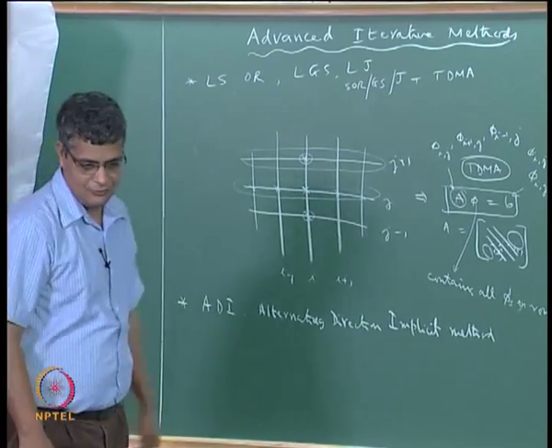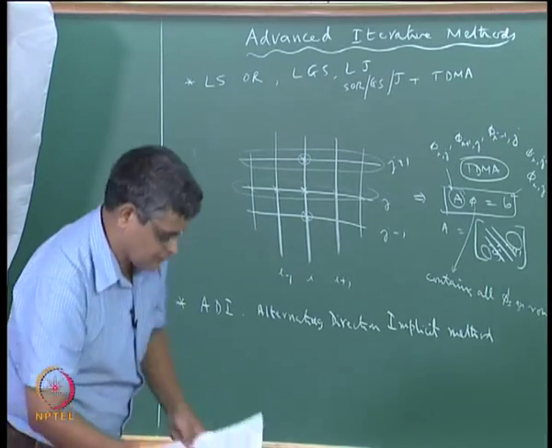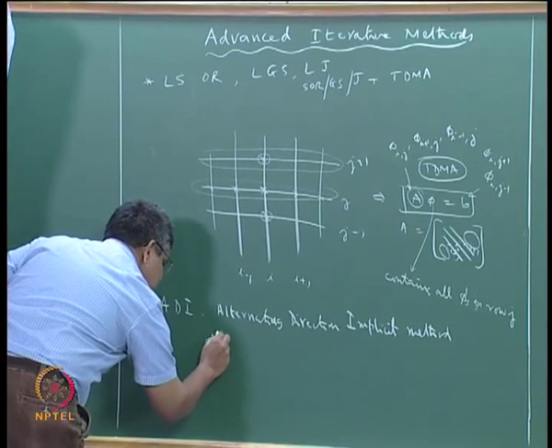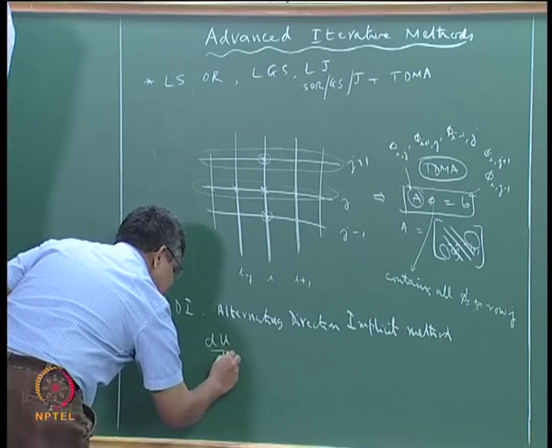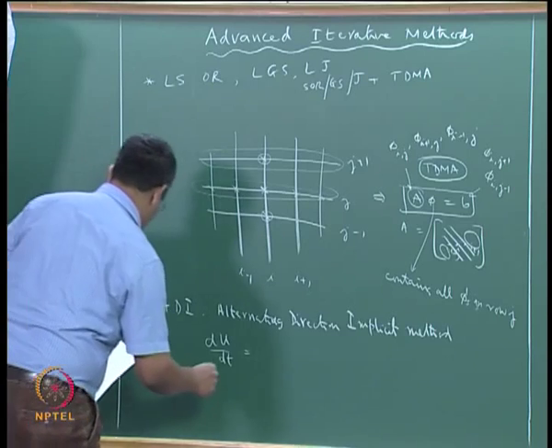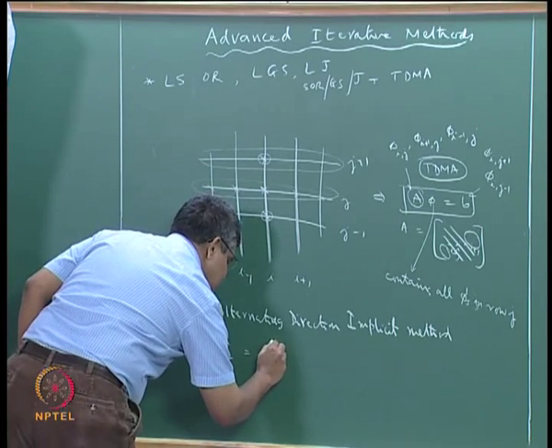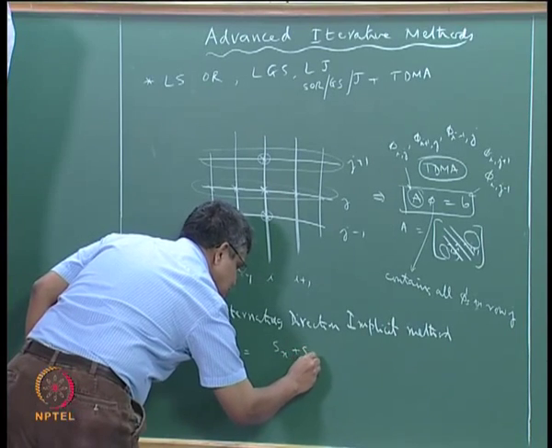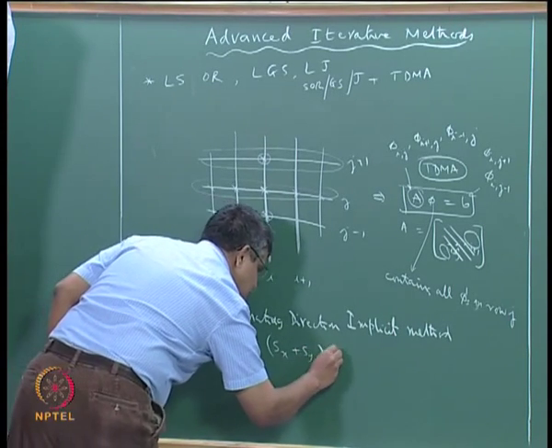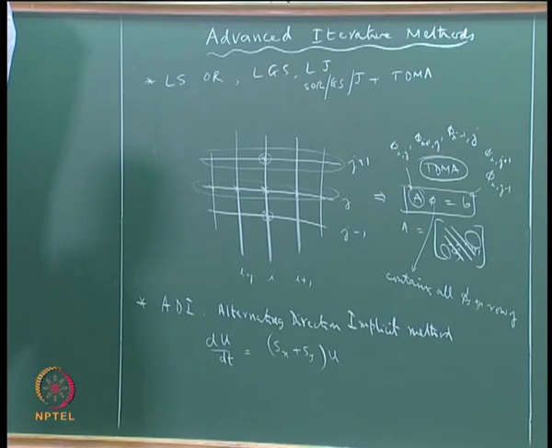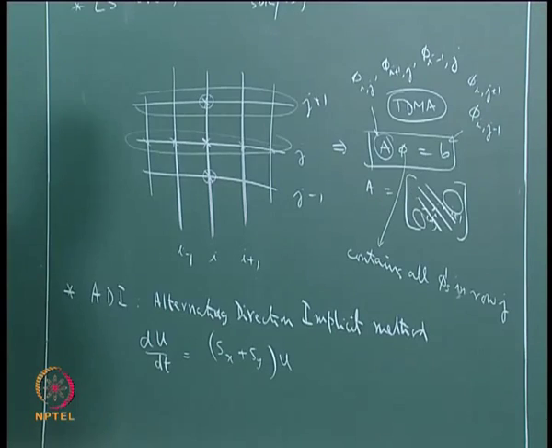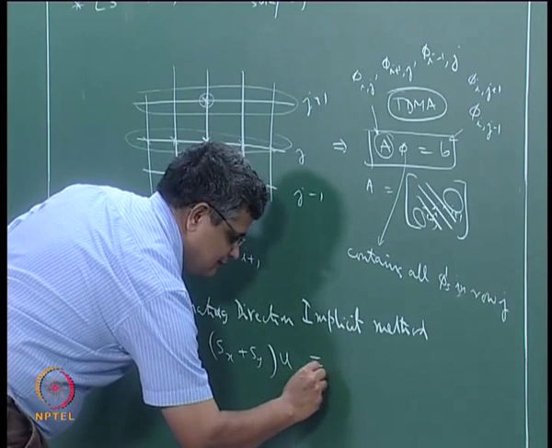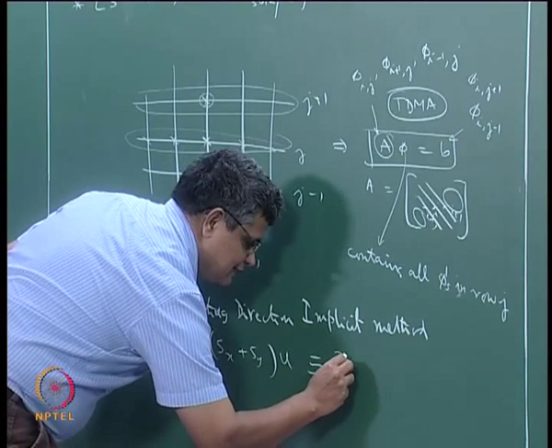So let us just see with the help of an example. Let us say that we have du by dt is equal to, written in an essentially symbolic way.